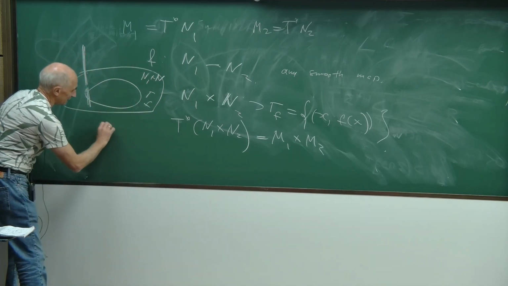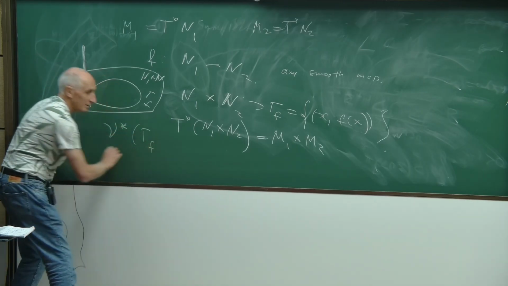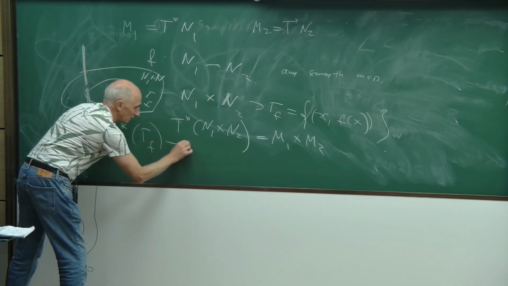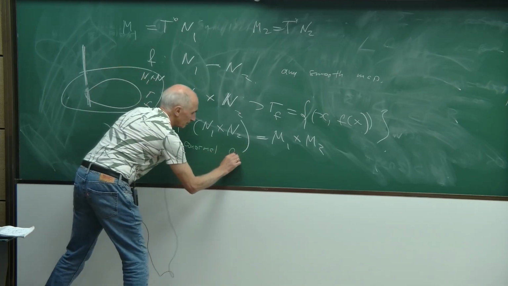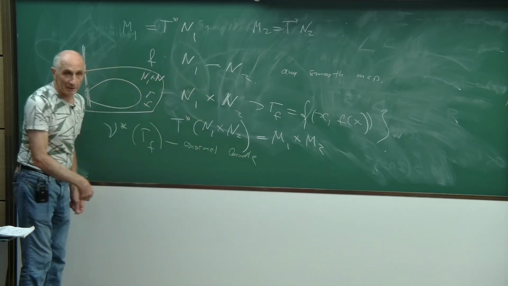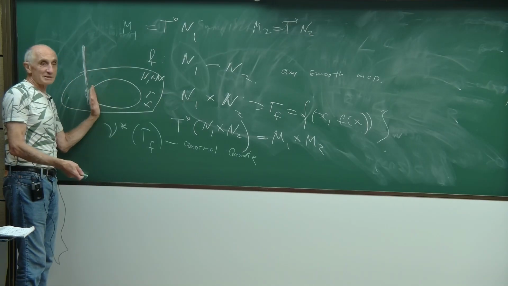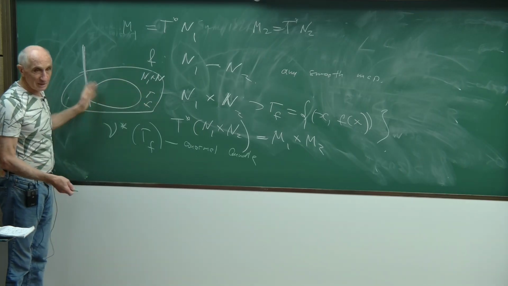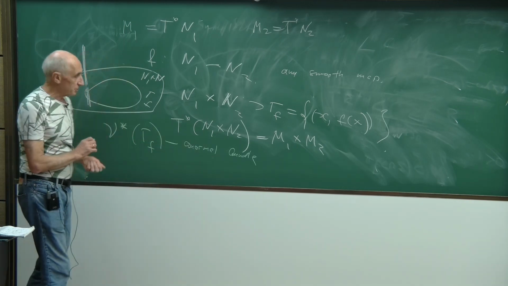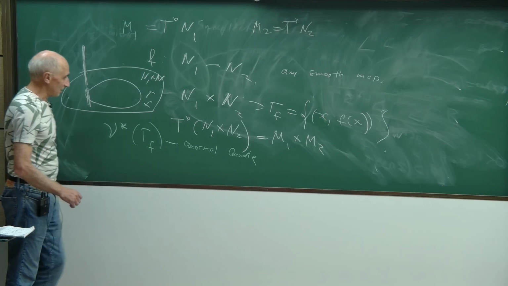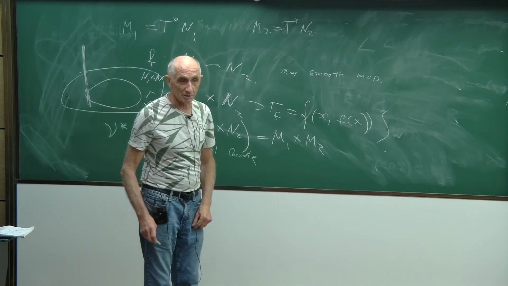I will write it as N star of gamma F. This is the conormal bundle, and the total space of this conormal bundle is always Lagrangian. It always has half the dimension, no matter what it is.